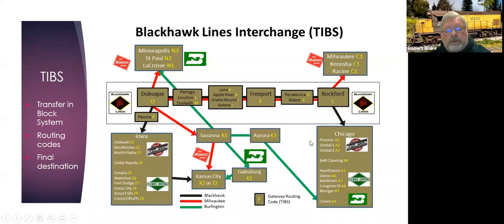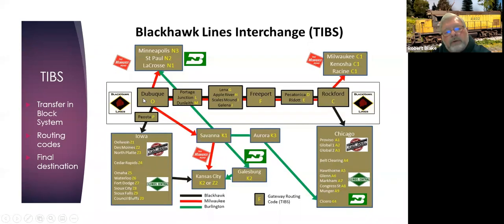So here's the same graphic that we looked at a couple of minutes ago, but on this one I've expanded the Blackhawk lines to show individual towns and stations along the Blackhawk line. So represented on the Blackhawk, the part that's modeled, starting with Rockford. Freeport is actually a division point, major yard.